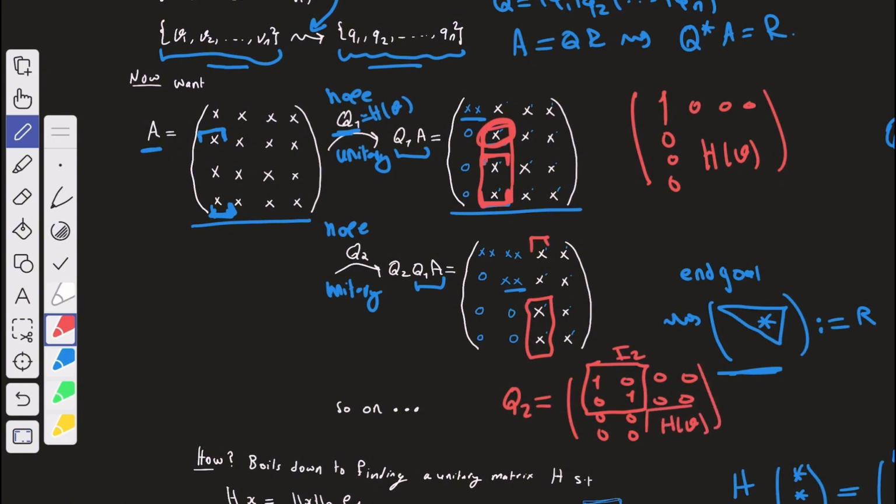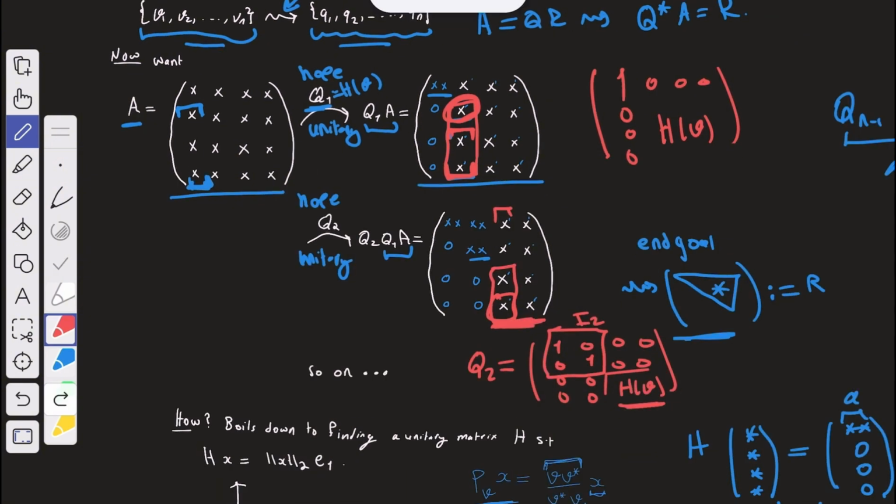In this way we'll be restricting the action of H of v to this block of the matrix. In this case we'll be zeroing out just this entry as desired. And excuse me, I should have called this q2 and this one q3.